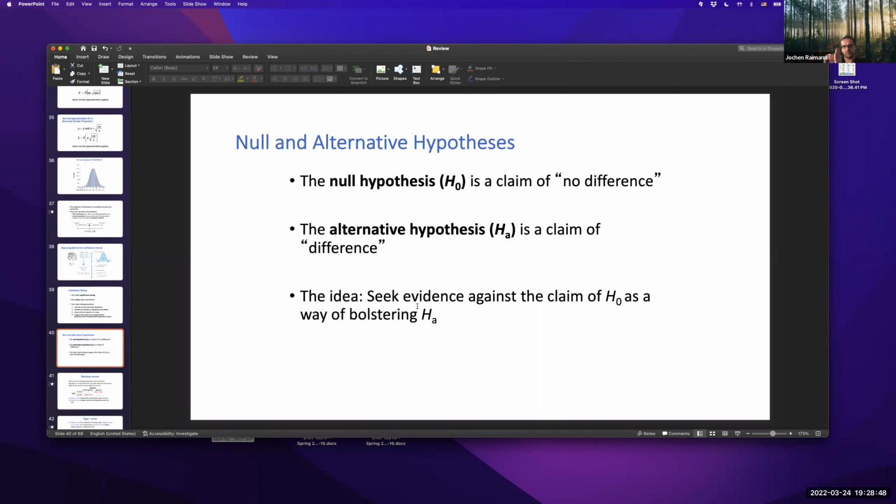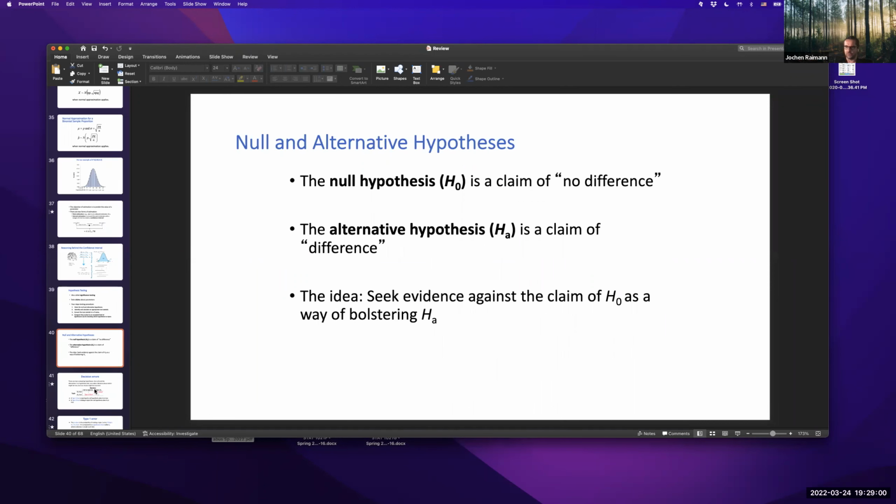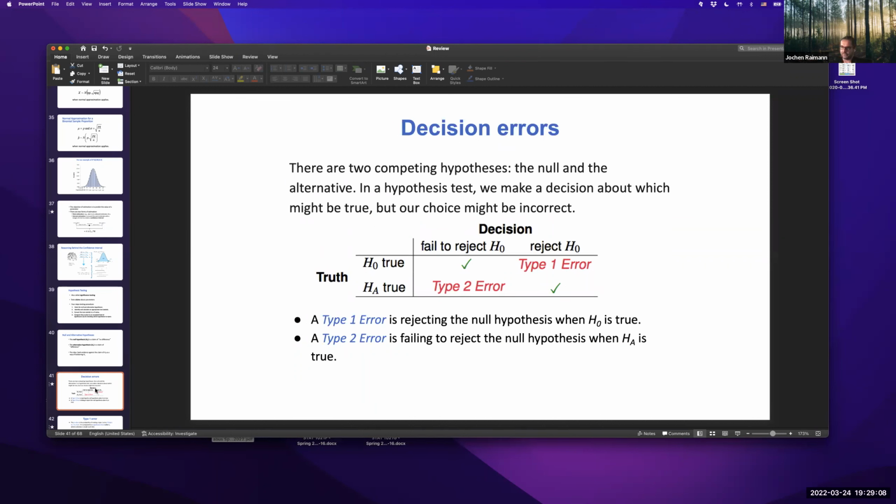Then you use the knowledge of the standard error of the mean to standardize this difference. And if this difference exceeds a certain value, you are willing to reject the null hypothesis. This is 1.96 in the hypothesis. In a two-tailed test, you would take 1.96 with 2.5% on each side.